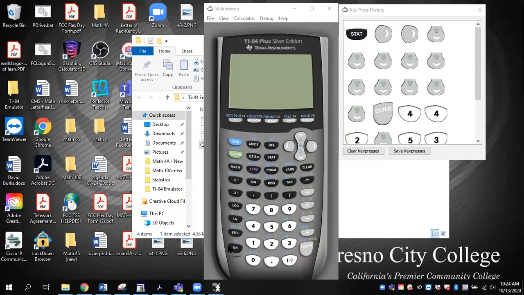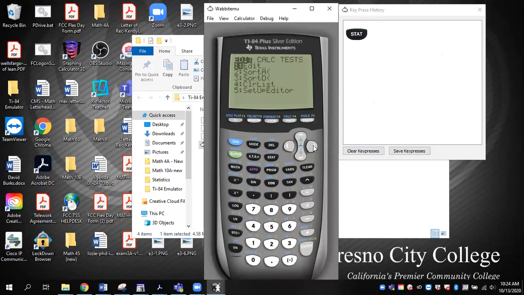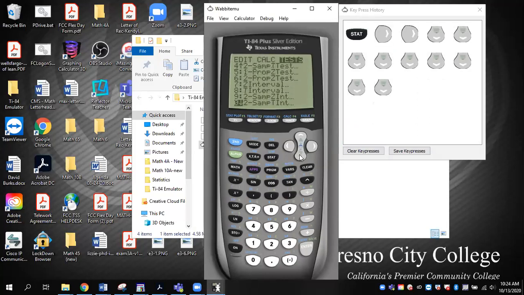All right, so I'll turn the calculator on, clear the screen. Go to stat, go over to tests, all the way down to 1 prop Z interval, which is way down on A, hit enter.